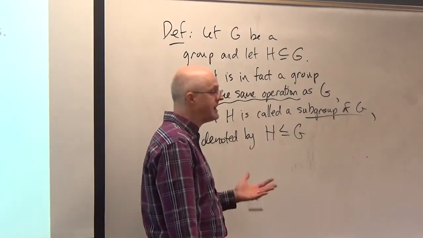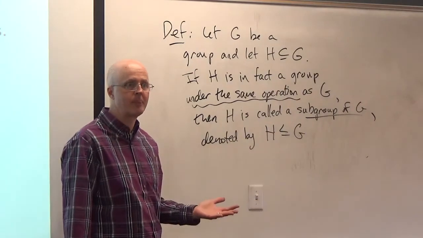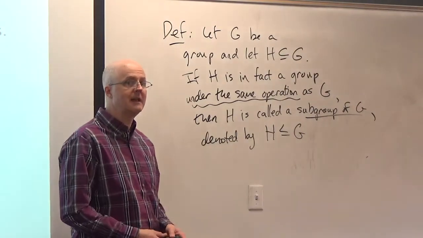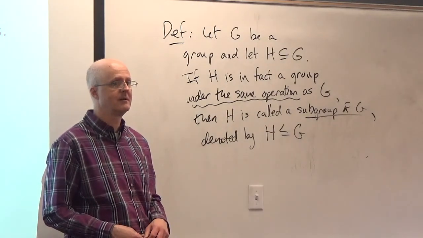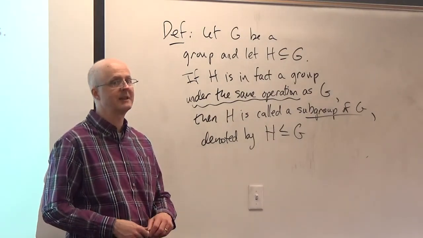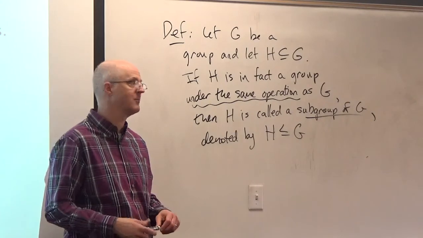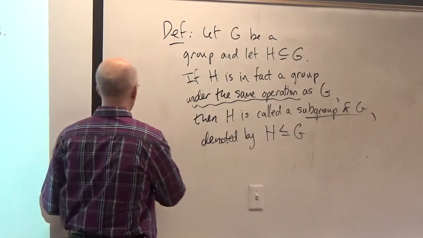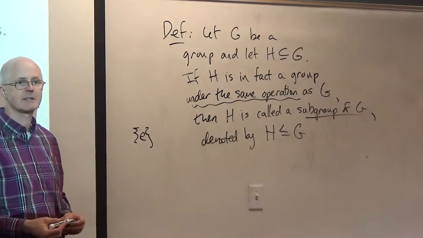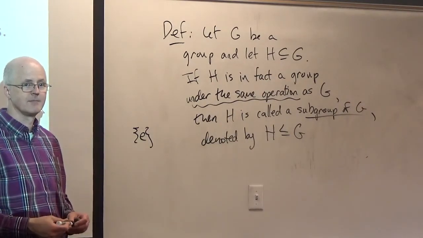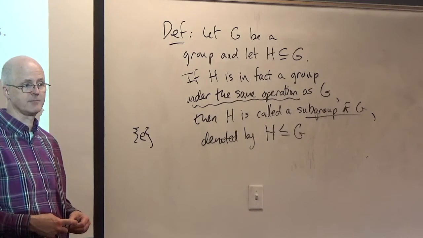It could equal G. H could be equal to G. If it's not equal to G, then it's called a proper subgroup. If it does equal G itself, then it's not a proper subgroup, it's a non-proper subgroup. Also, in any group, the set consisting of just the identity element is always a subgroup. It's called a trivial subgroup.